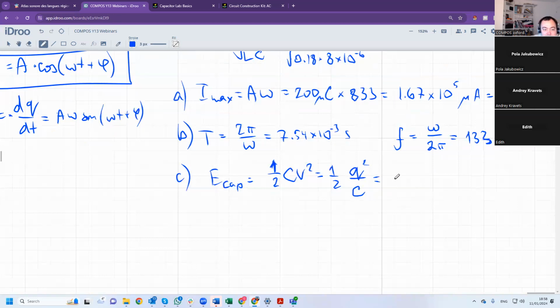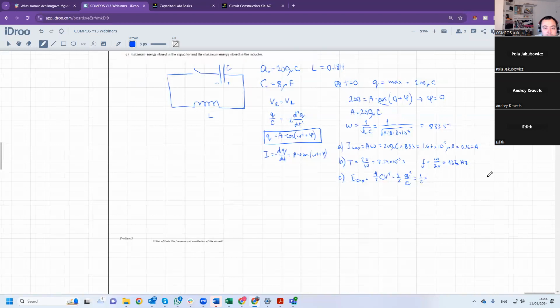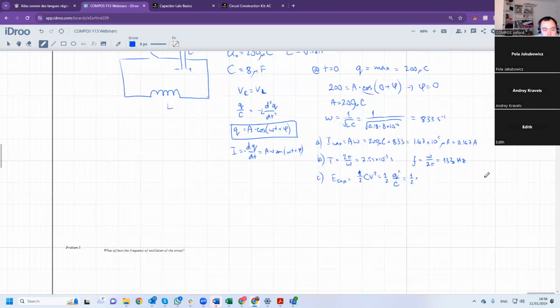So that is 1/2 multiplied by Q squared over C. Okay, yes. No, I haven't embarrassed myself yet, but I was about to. Q squared is 200 micro squared divided by C, which is 8 micro.